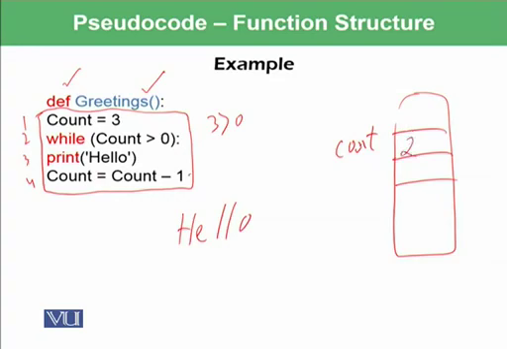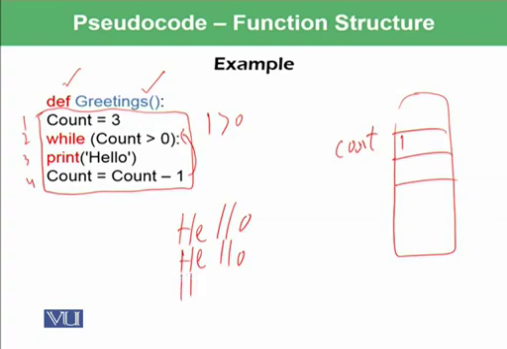Then it goes back to the while structure, and 2 is greater than 0. Yes, print hello. It prints hello again. Then count becomes 1. Then it goes back, while count is greater than 0. 1 is greater than 0. Yes, this condition is again true.